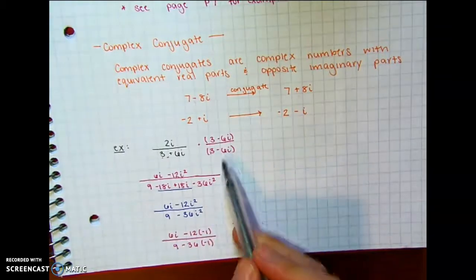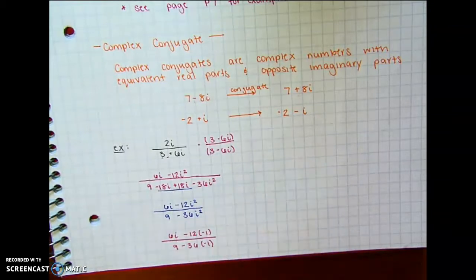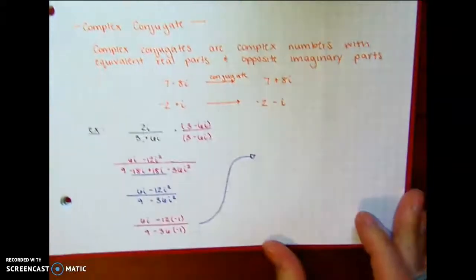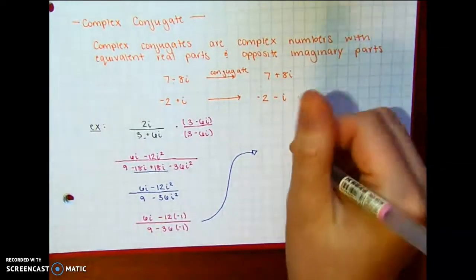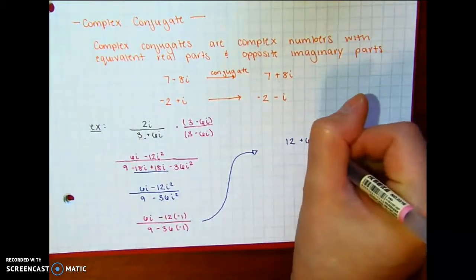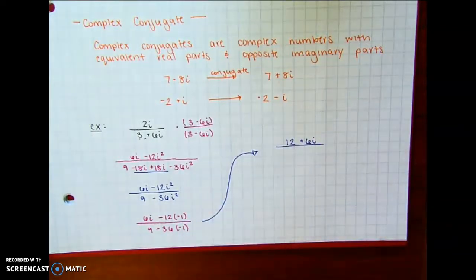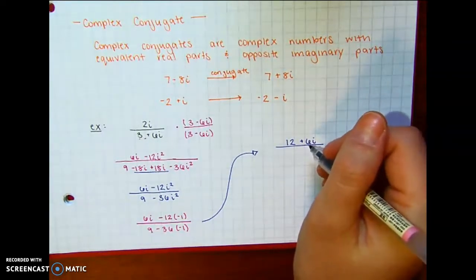So by multiplying by the conjugate, you get these to cancel out, and then I squared cancels out your imaginary numbers. Ran out of room. So this would be positive 12, and the constant goes first, plus 6i over, and then this is 9 plus 36, so that would be 45.